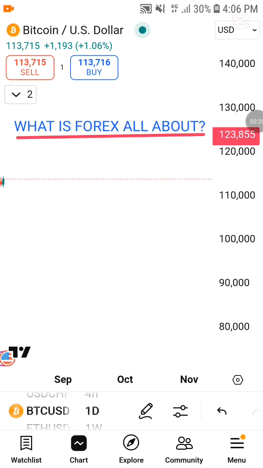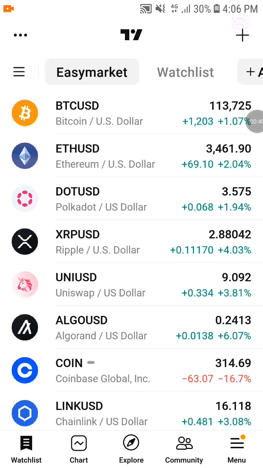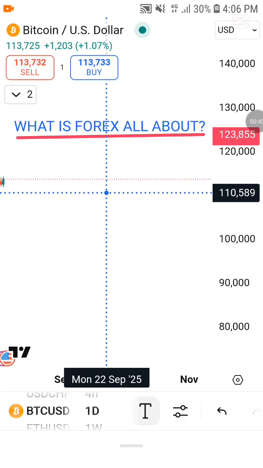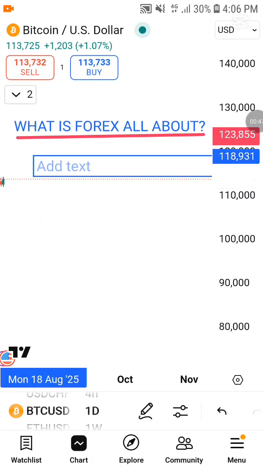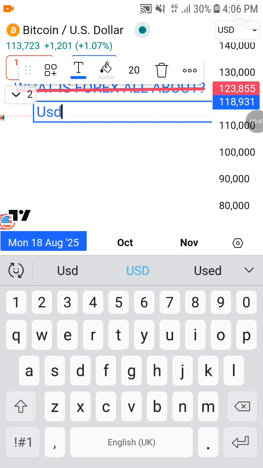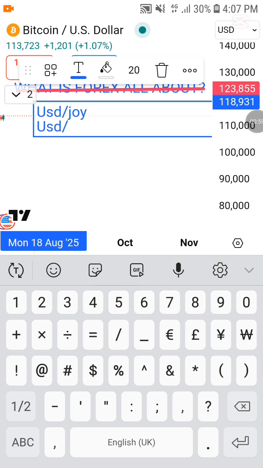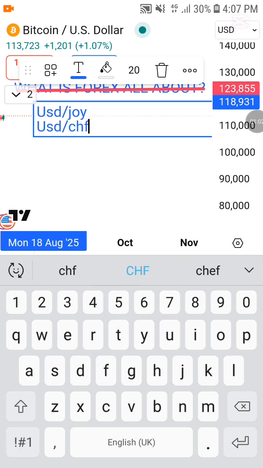So these currency pairs are written in abbreviation. For example, we have USD and JPY, and then we have USD and CHF. I will explain this to you.